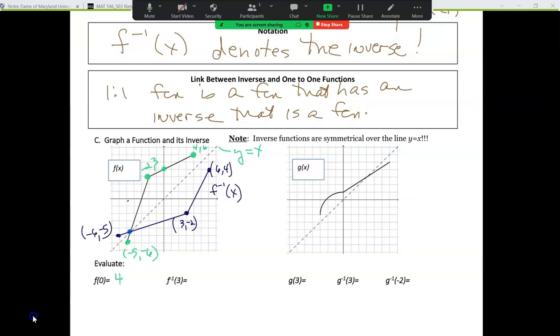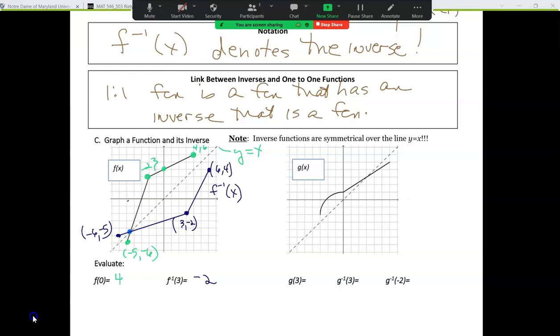Now the next one, they want to know what is f to the negative 1 of 3. That means I'm going to evaluate where the blue function is 3, and I can see that's going to be negative 2. So know how you're going to handle that. f to the negative 1 of 3 is negative 2.